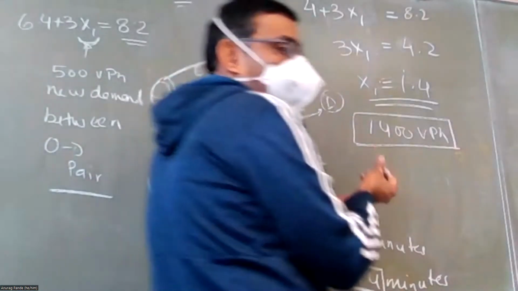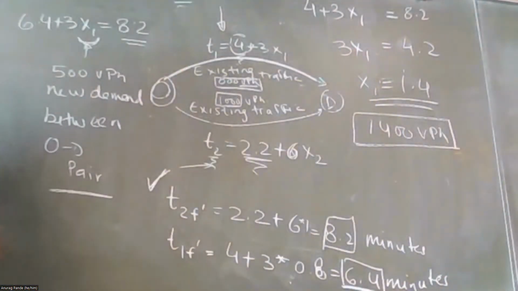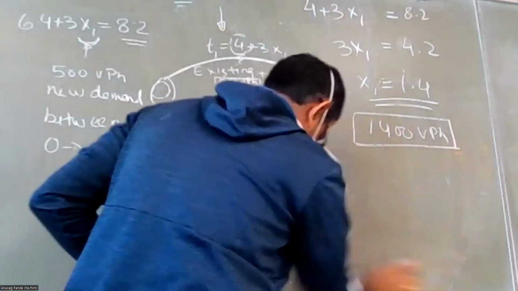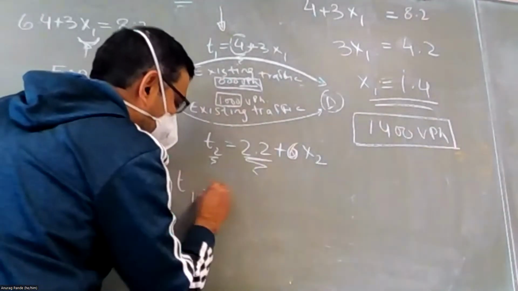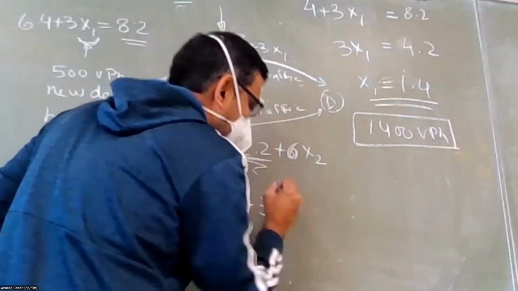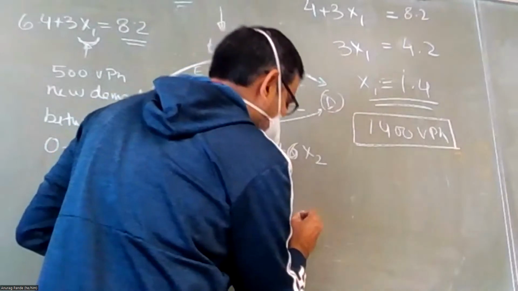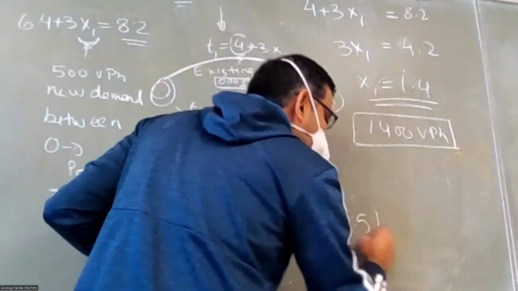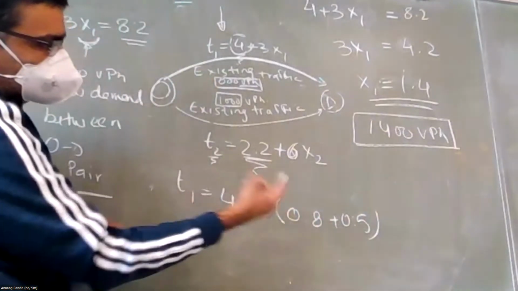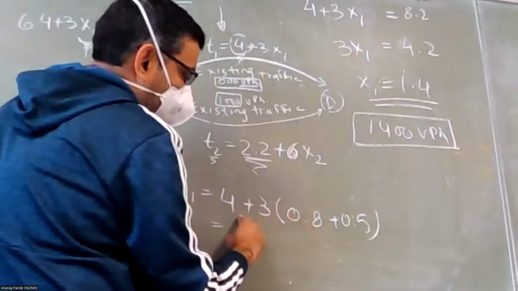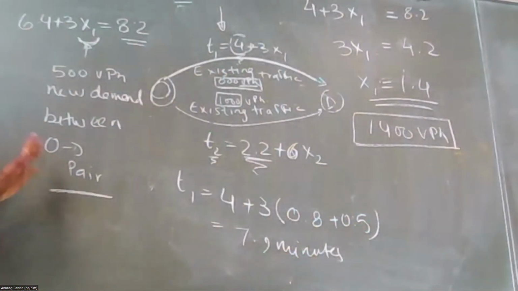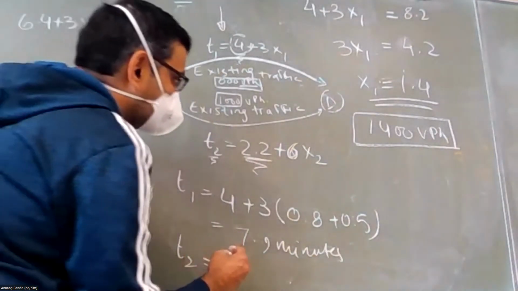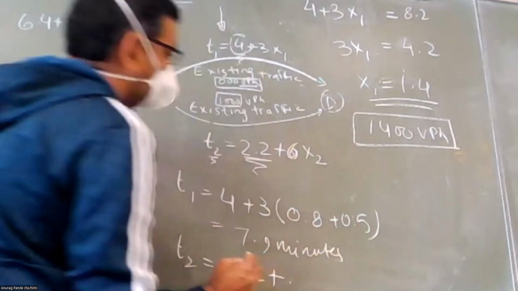My travel time on route 1 in this scenario would be 4 plus 3 times 0.8 plus 0.5, and that gives me 4 plus 3.9, 7.9 minutes. My travel time on route 2 in this scenario would be 2.2 plus 6x2.